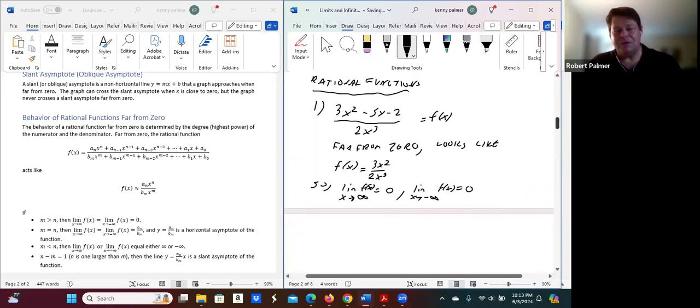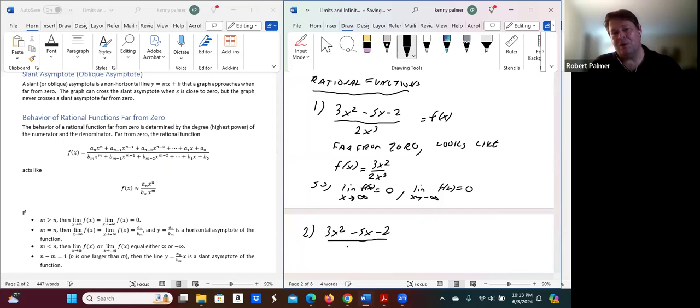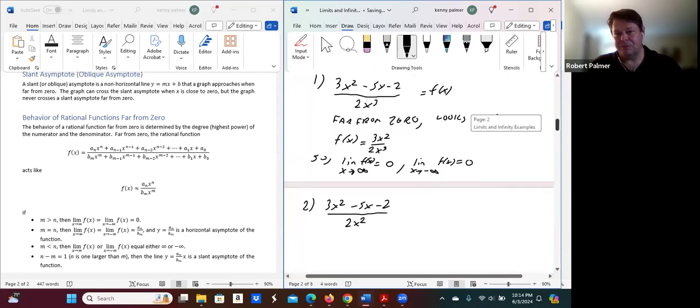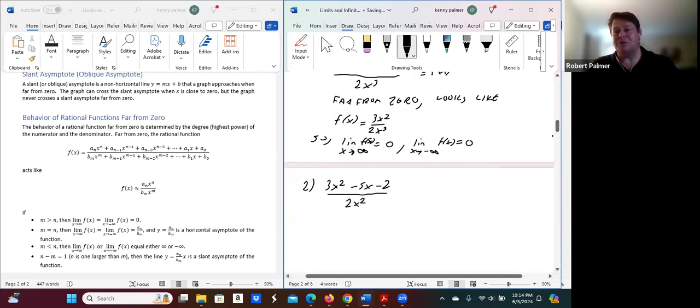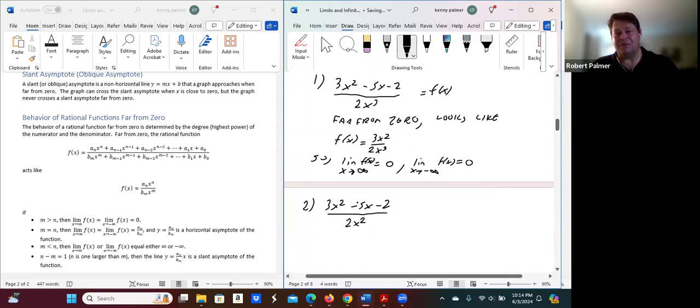What if we make this bottom degree also 2? So number 2, a very similar function: (3x² - 5x - 2) over 2x². Let's see what happens here. As you expect, we're going to have some kind of vertical asymptote at 0, most likely, because x can't be 0.